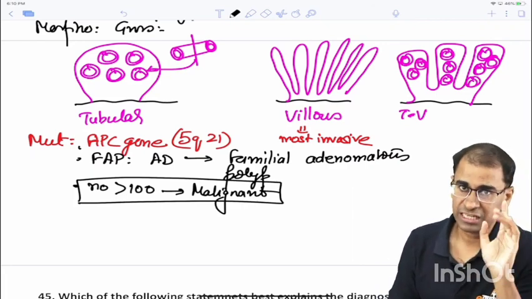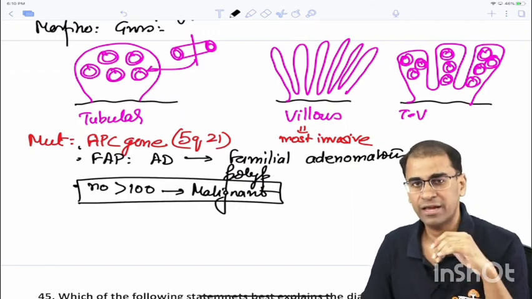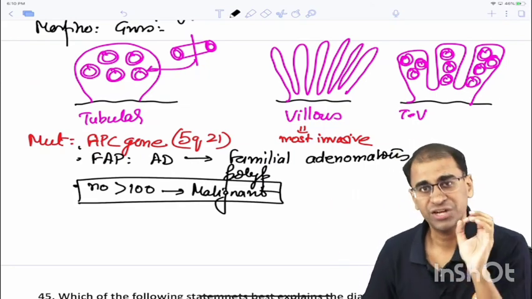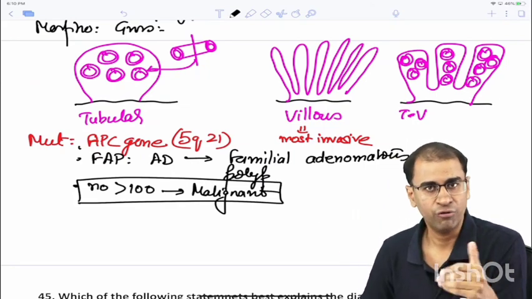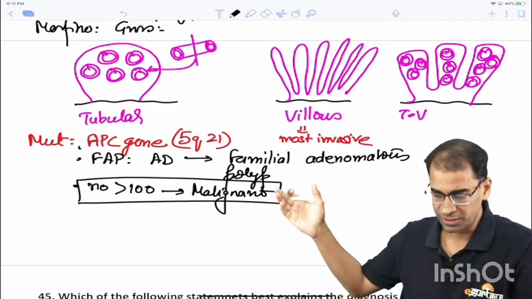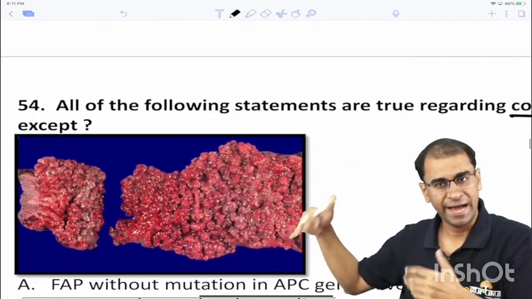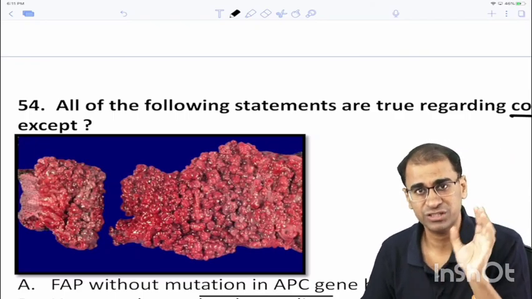If a patient has an APC gene mutation, he usually will develop polyps in the next few years, and therefore a good amount of screening is required at 6 month or 1 year intervals for looking for development of such polyps. If the polyps are more than 100, like look at this image, a huge number of polyps, the patient should be offered colectomy, and therefore you have tried to salvage the patient's life.